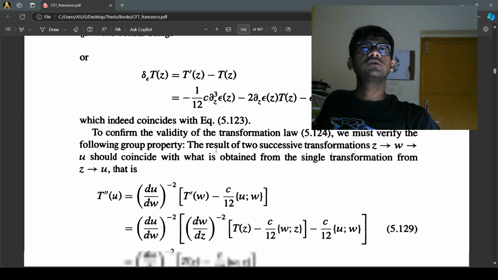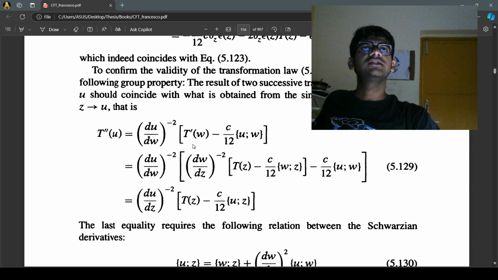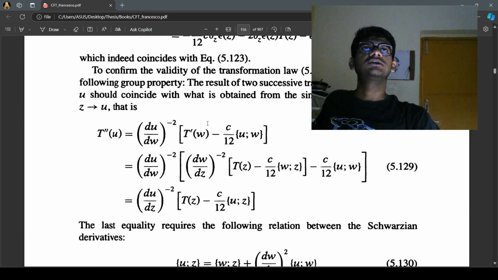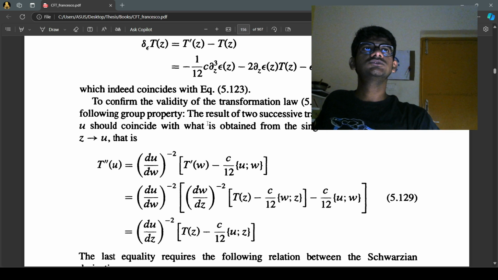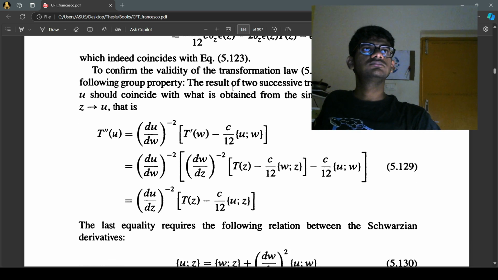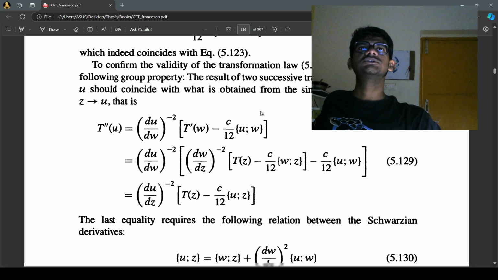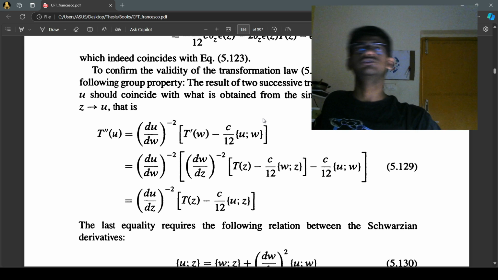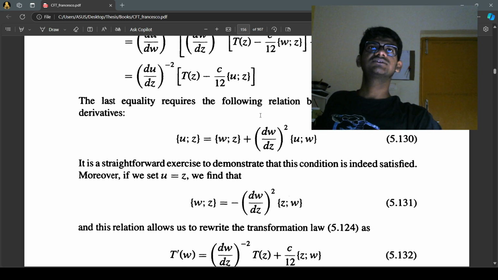But in a finite transformation, how do you realize it? Well, one way is to confirm this by going through the Z to W, W to U mapping, which should coincide with the Z to U directly, right? So this Schwarzian derivative should match the Z to U and Z to W and W to U artifacts.